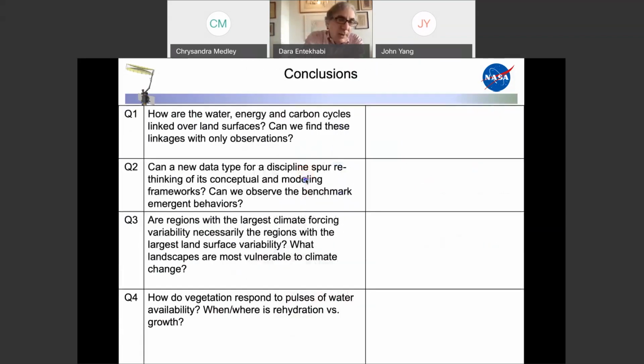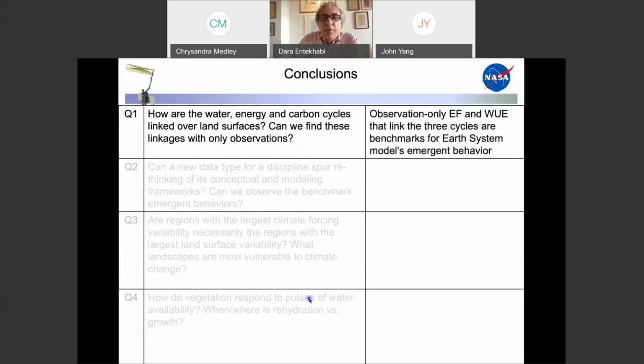So let me conclude with the 4 questions we posed at the very beginning: linkage, rethinking the conceptual framework, vulnerability to climate change, and vegetation response to pulses of water.